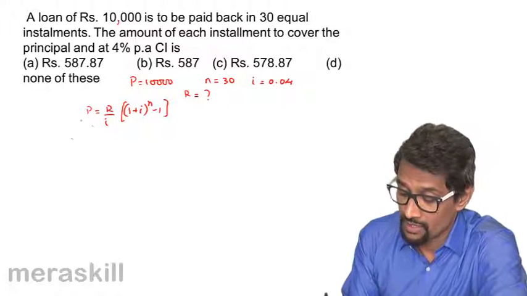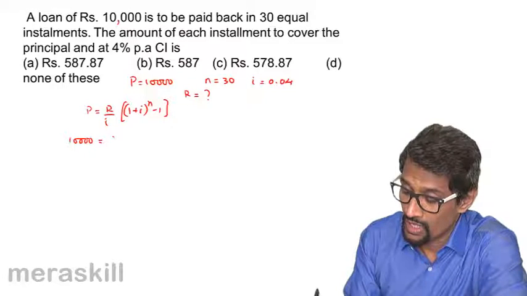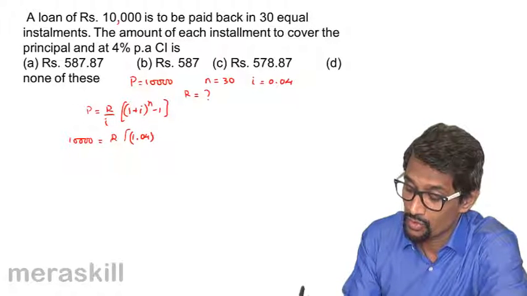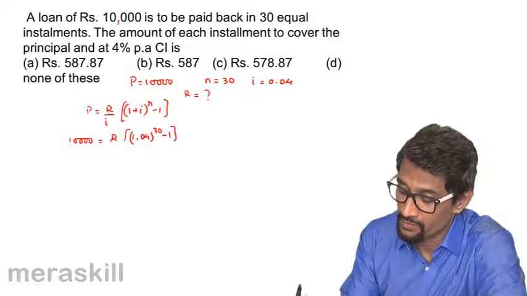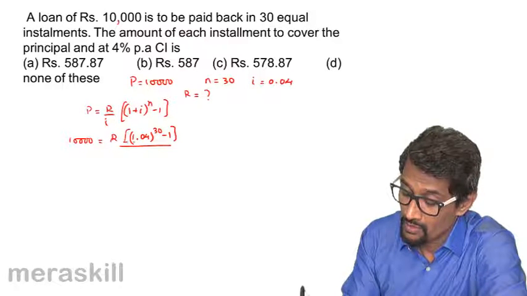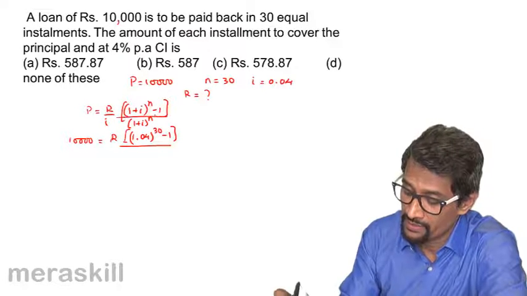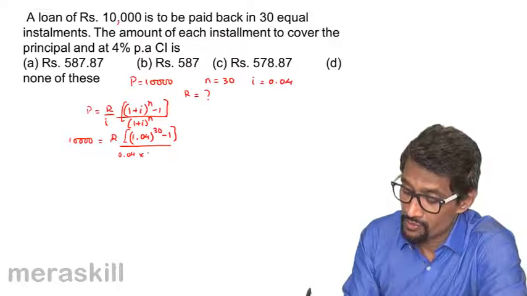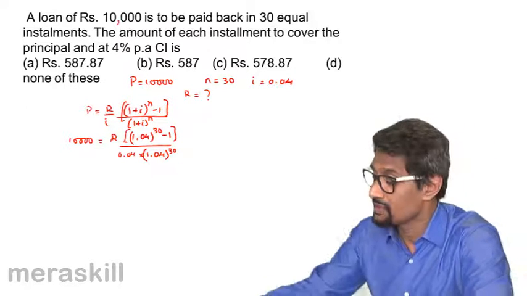So P, which is 10,000, is equal to R, which we do not know, into 1.04 raised to n, n being 30, minus 1, upon 0.04 into 1.04 raised to 30.